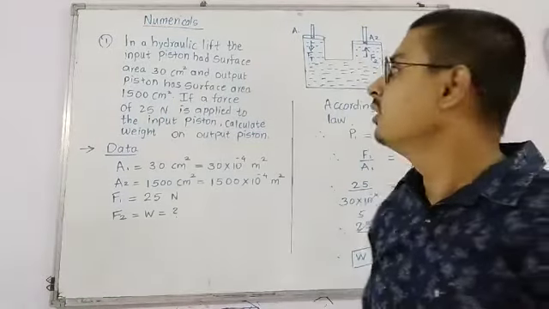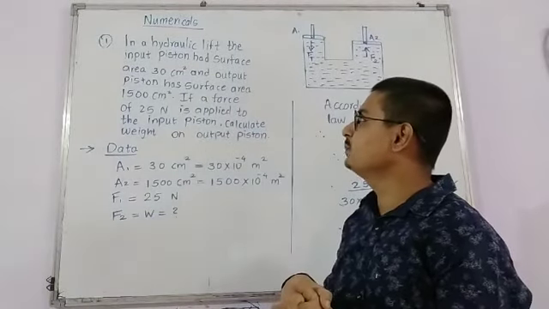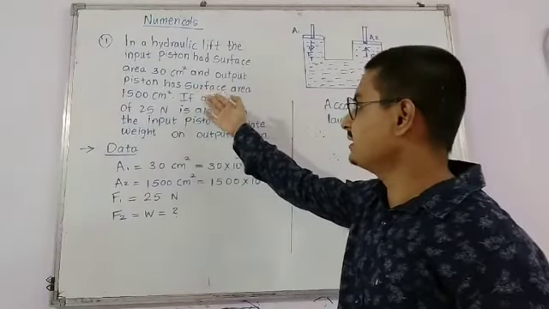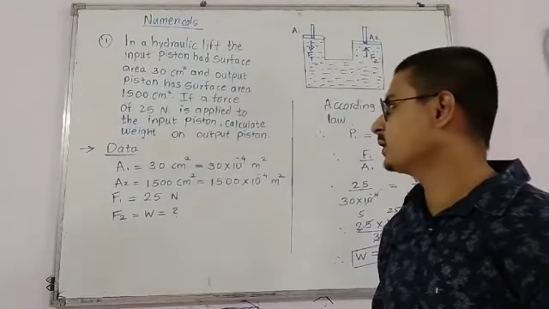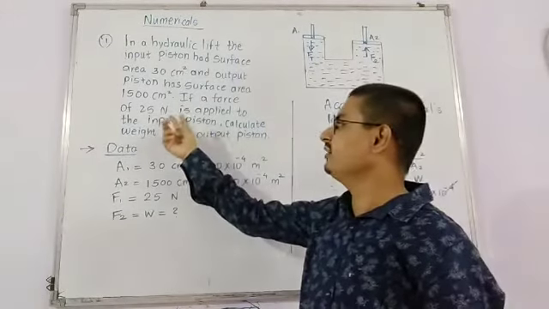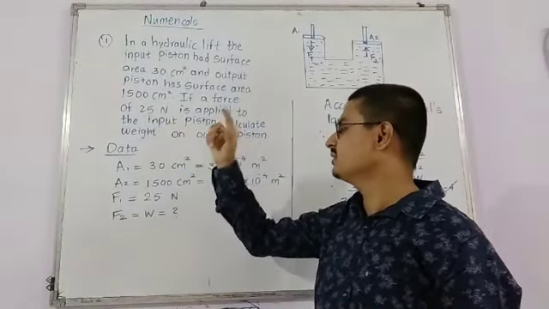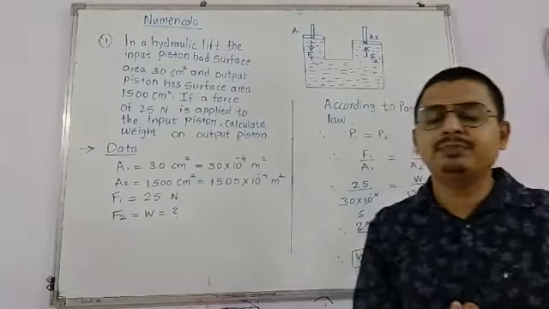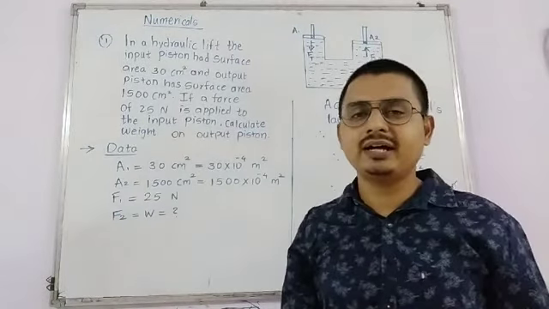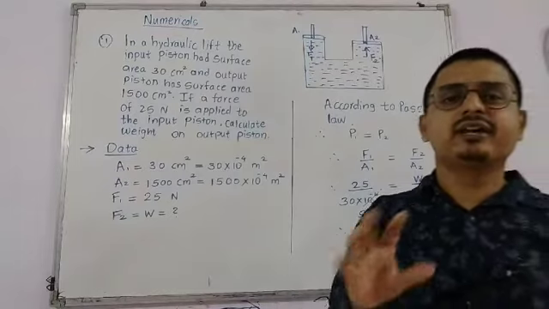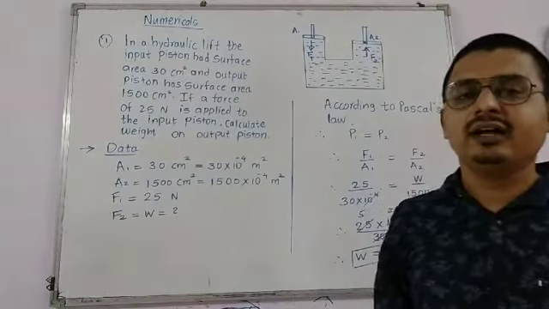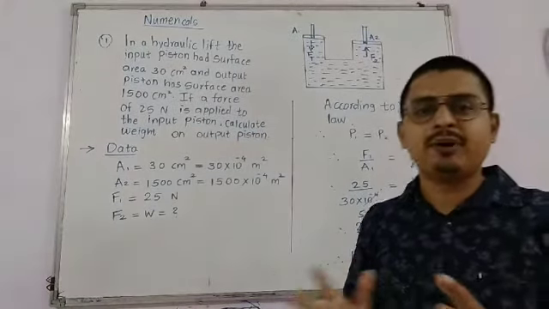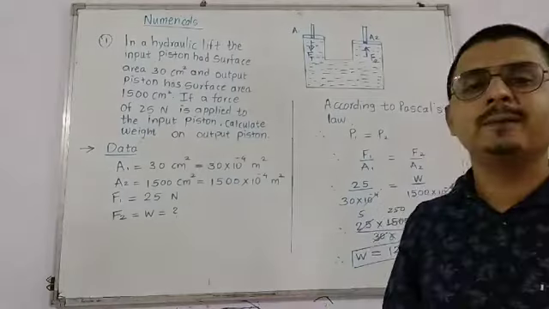The second problem is: in a hydraulic lift, the input piston has surface area 30 centimeter square and the output piston has surface area 1500 centimeter square. If a force of 25 Newton is applied to the input piston, calculate the weight on the output piston. This example is based on Pascal's law, which states that the pressure given to any part of the liquid is undiminishedly and equally transmitted to all the parts of the fluid as well as on the walls of the container.